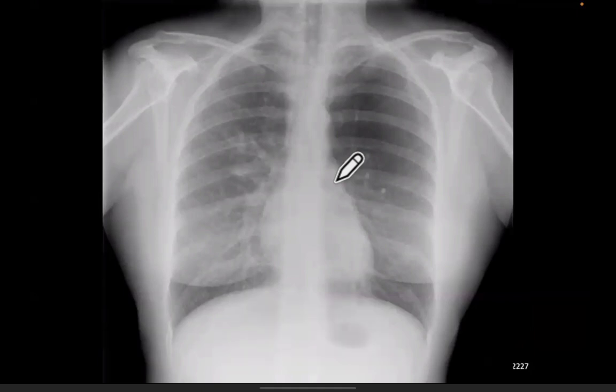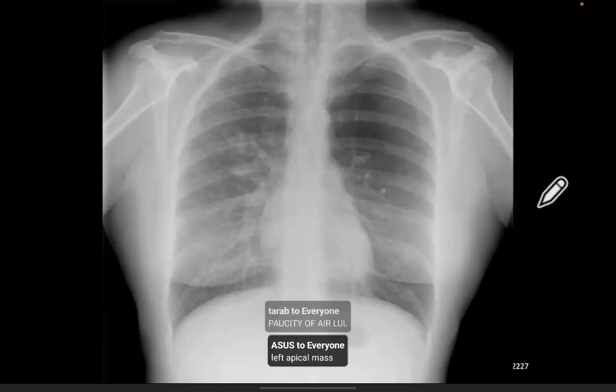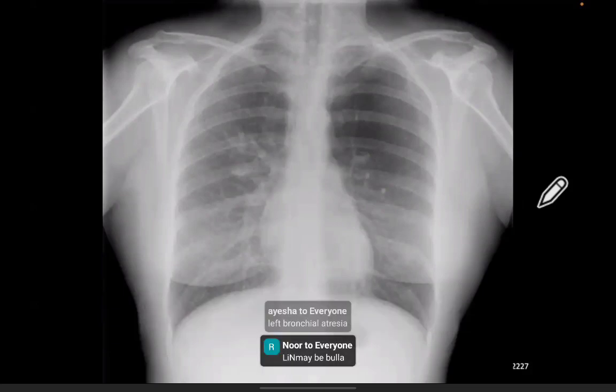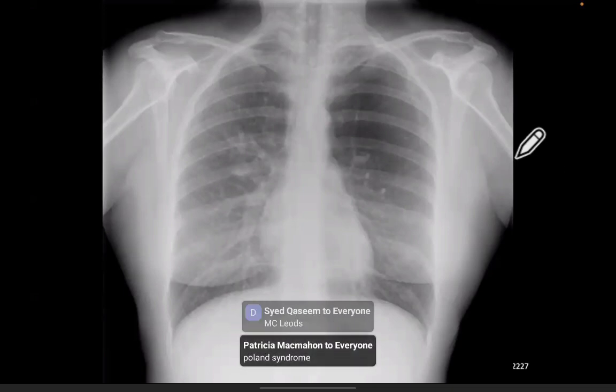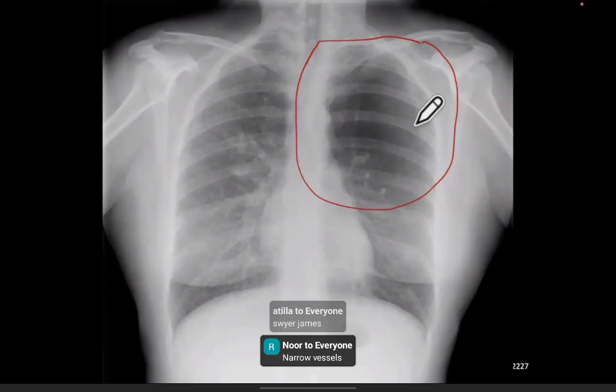Okay, what have we got here? Yeah, so we've got hyperlucency of the left mid and upper zone.